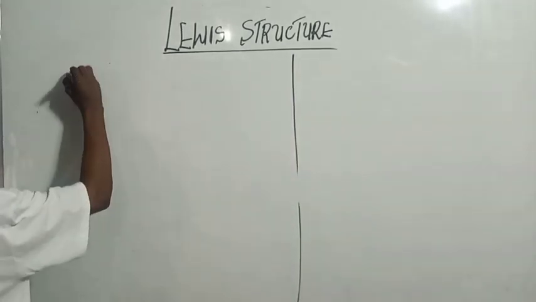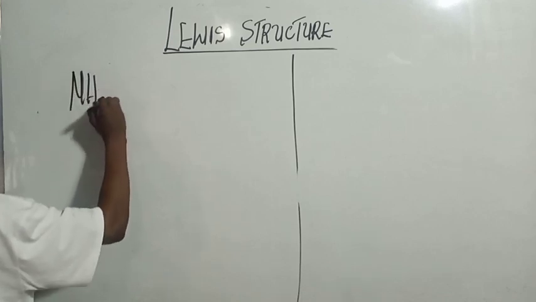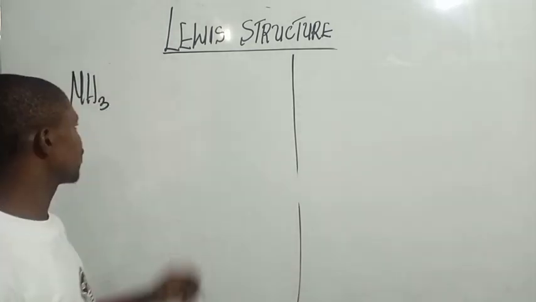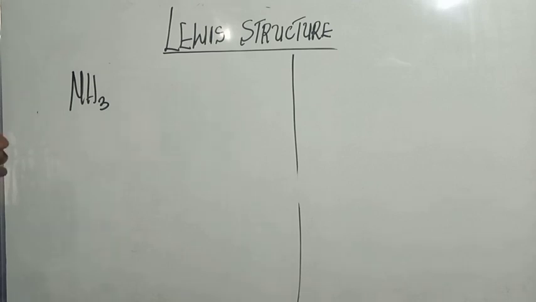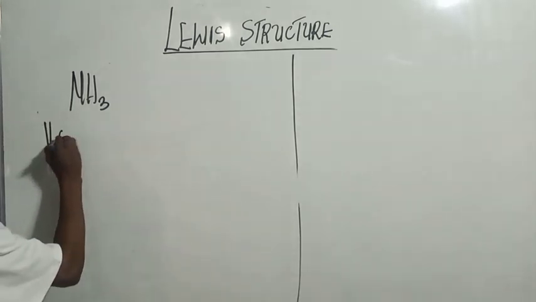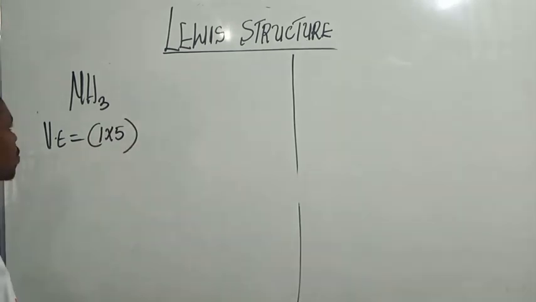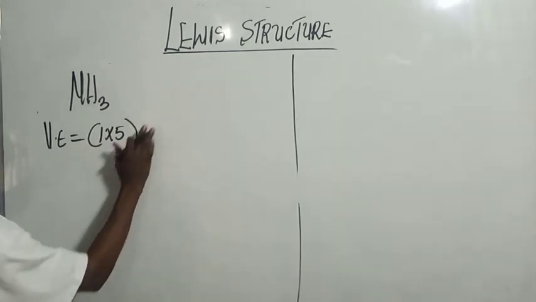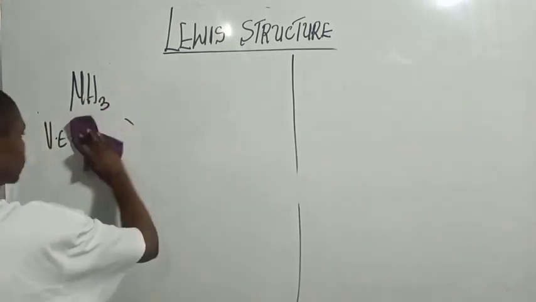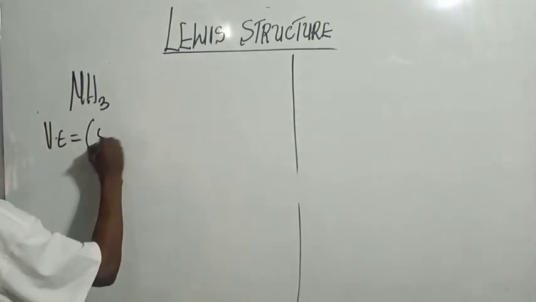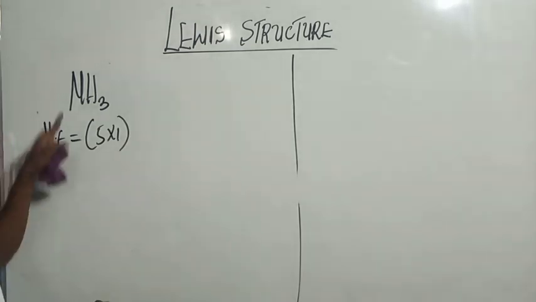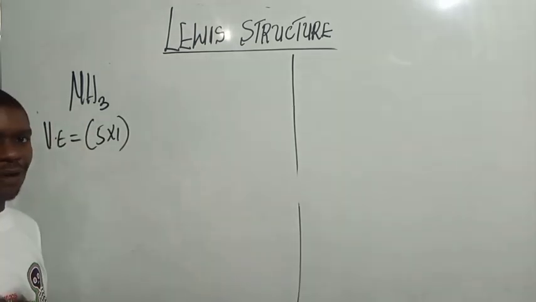So let's just say NH3. Let's draw the Lewis structure for NH3. So how do we do that? Valence electron is equal to 5 times 1, because nitrogen is in group 5.